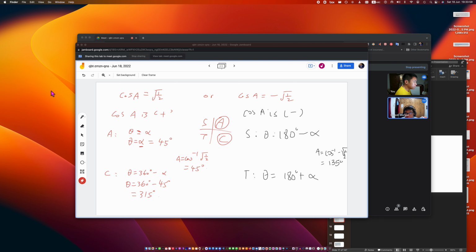So the calculator gives you 135. Okay, good. Then where are you supposed to write the 135? The S quadrant or the T quadrant? S. Yeah, good. Go ahead, write it down.